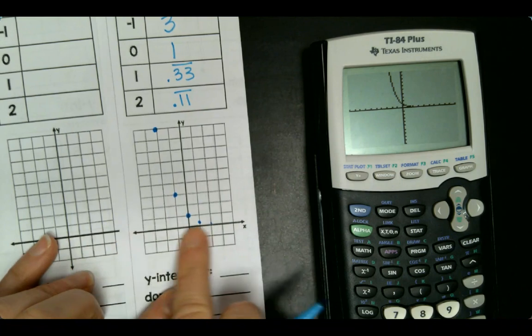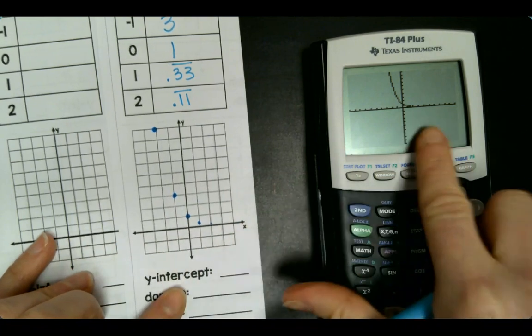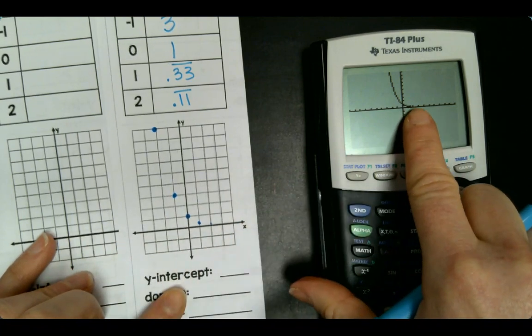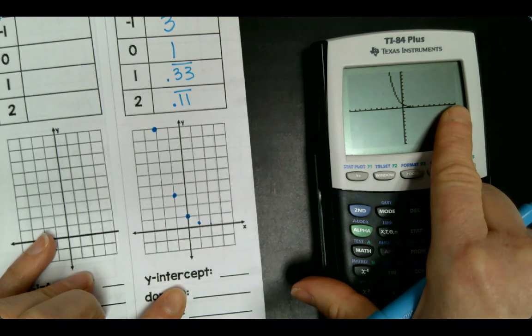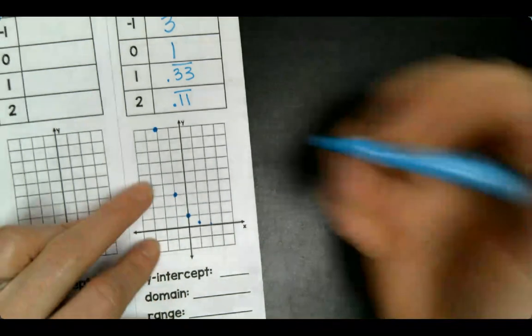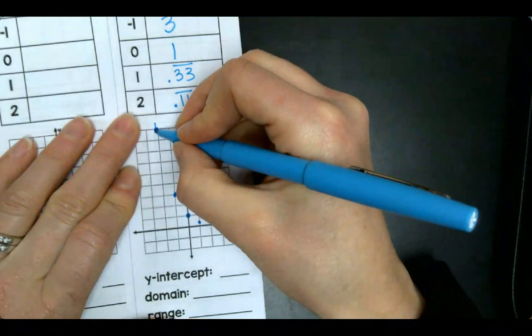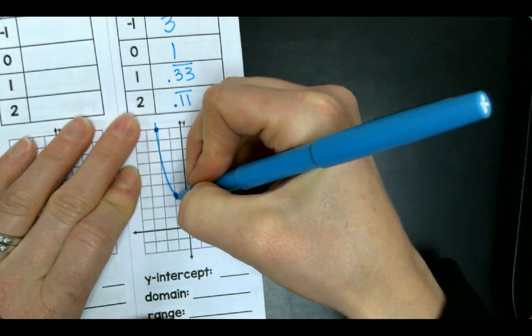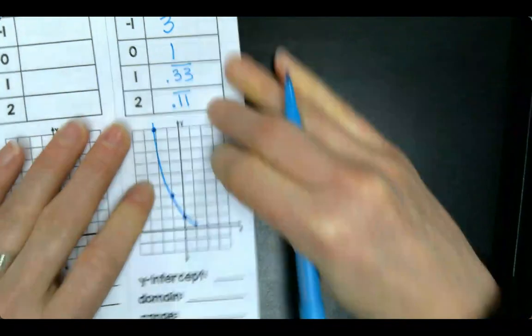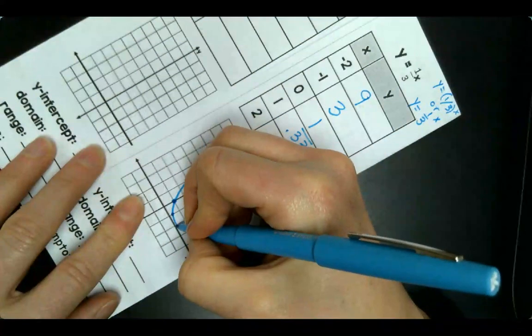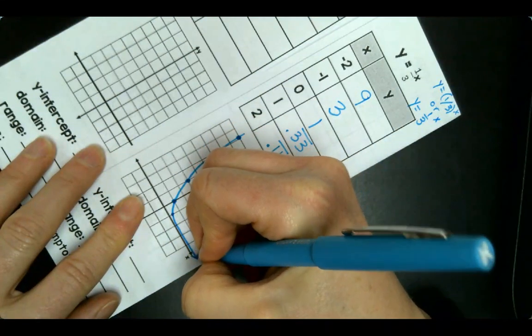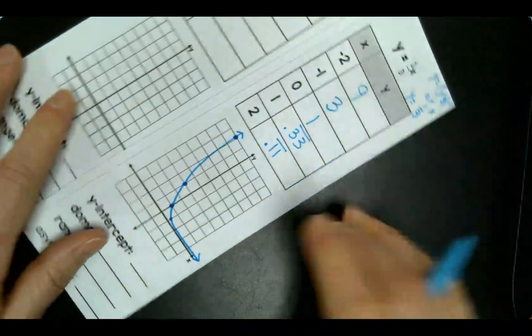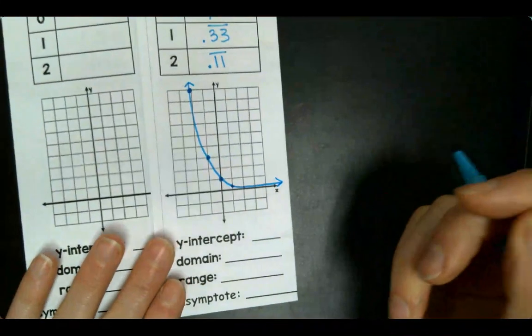It's never going to cross this line because if you look at it here, see how it just kind of blends into where the x-axis is? That's your asymptote. All right, so go ahead and connect your dots. And put arrows on the end. Make it kind of a smooth curve.